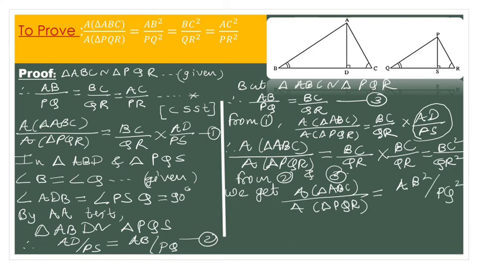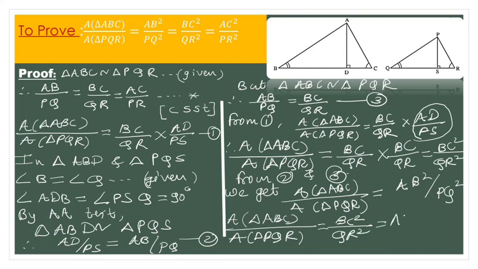Okay, now we have reached until here. See, area of triangle ABC upon area of triangle PQR, which is equal to BC square upon QR square, is equal to AB square upon PQ square, and which is equal to AC square upon PR square.